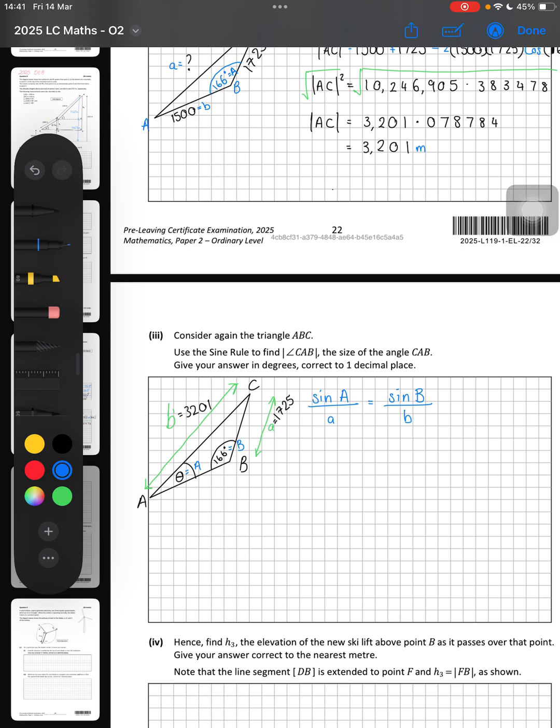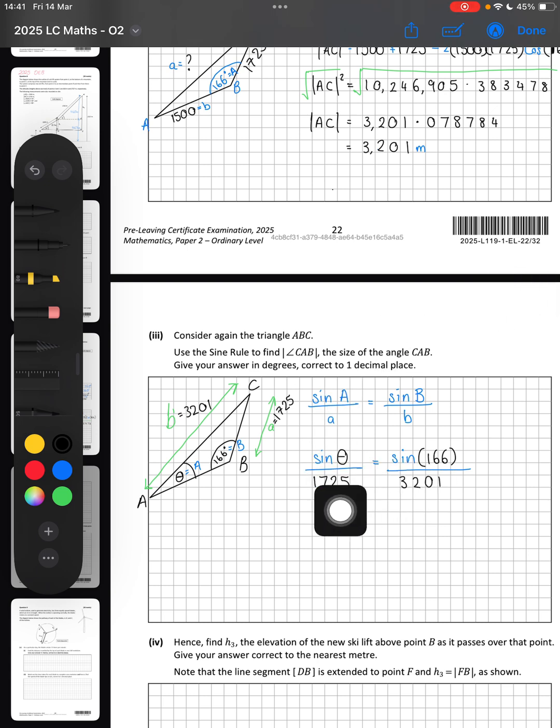So fill in your formula. It's sine of my angle at A, which we just have as theta, or you can leave it as capital A, over small a. Remember, small letters show sides, capital letters show angles. And that is equal to sine of 166 over 3201.